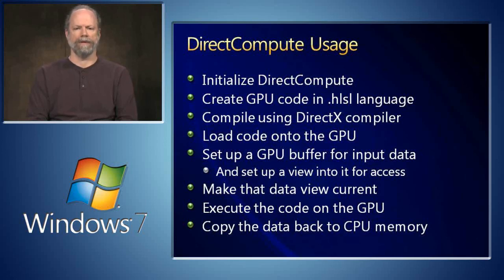That view is bound to the device effectively, making it the current view. The execution of the code is initiated, which reads in the data from the buffer, and then the data is emitted from the GPU, typically back into video memory, and then that data buffer is copied back to the system when you're done.